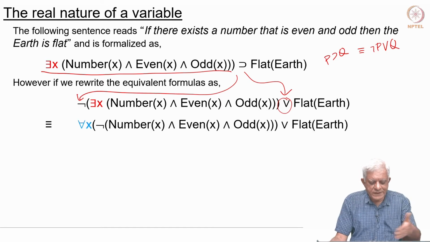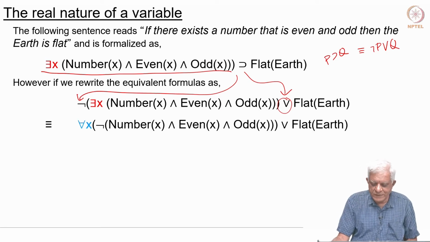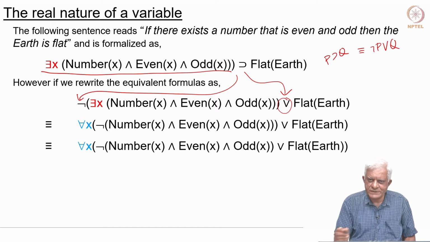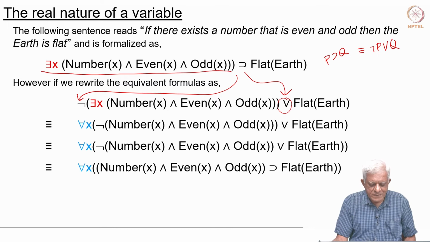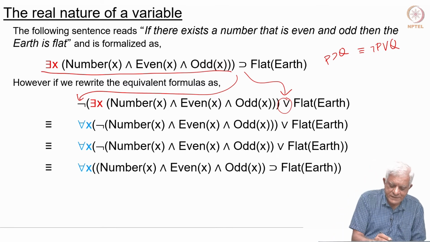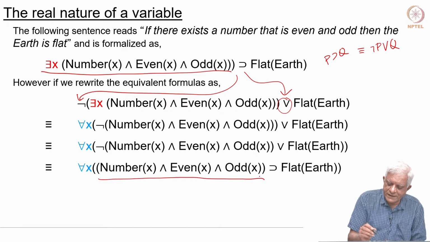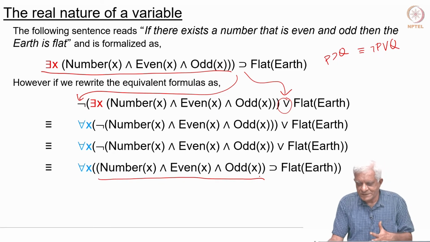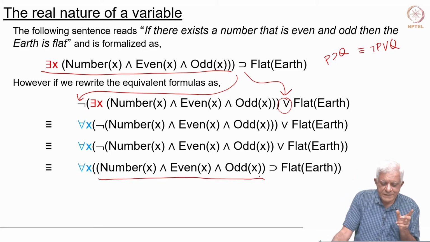Then we push the negation inside and that is what we get, and we do a little bit more of this processing, and eventually we get the same sentence: x is a number and x is even and x is odd, this implies that the earth is flat, but the quantifier has become universal.